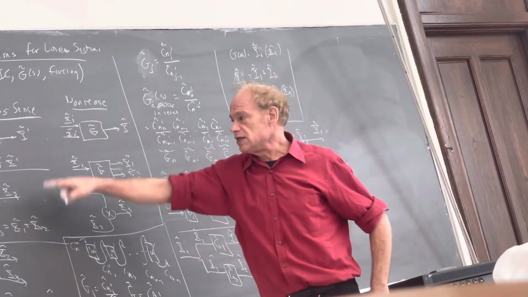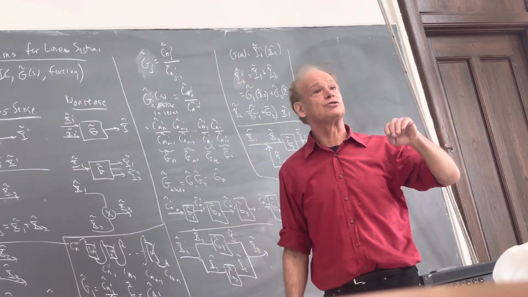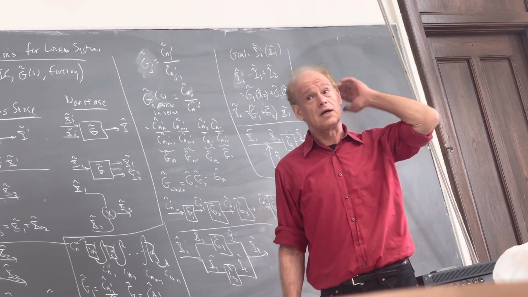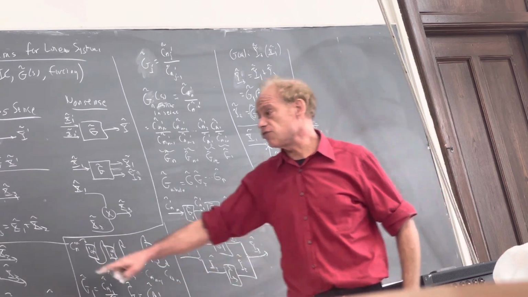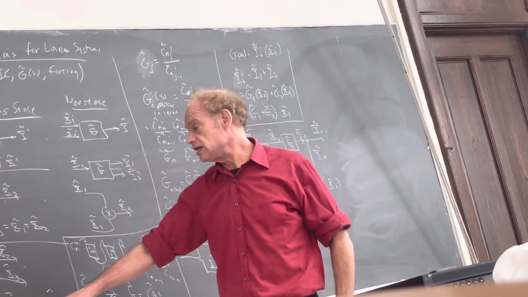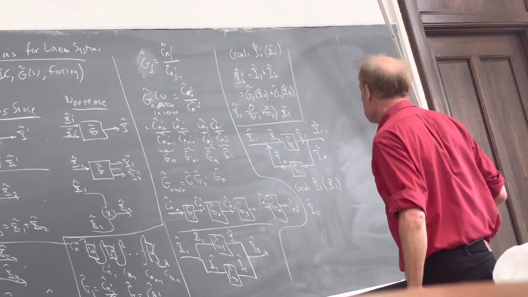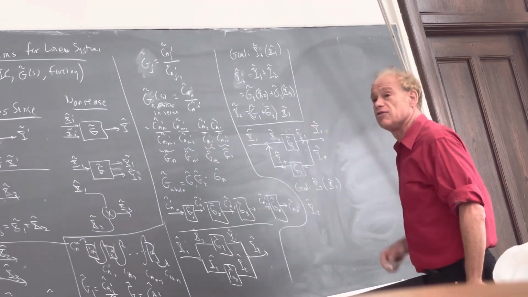Which one of these three does that look like? Looks like the third one. It's a split. So that tells me they're all equal. So immediately I know that y2, y1, and y3 are all the same.